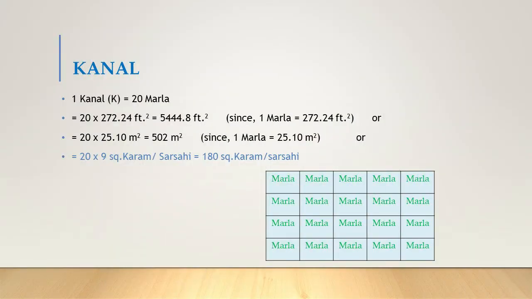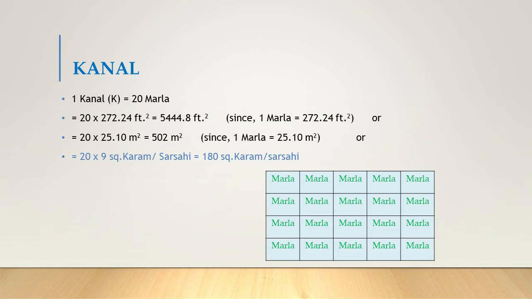Next we have canal. This is also a very widely used land measuring unit. 1 canal is basically equal to 20 marlas. First we have sarsahi, then we have marla, and then we have canal. So 1 canal is equal to 20 marla. We will use the calculations from previous slides.